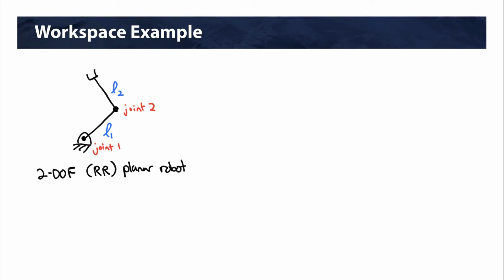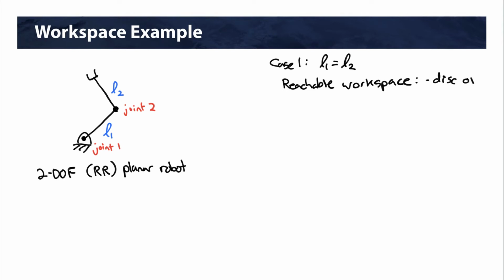All right, let's look at 2 cases. In the first case, we're going to have L1 equal to L2. So in this case, our reachable workspace is simply going to be a disk of radius 2L1, centered at joint 1.